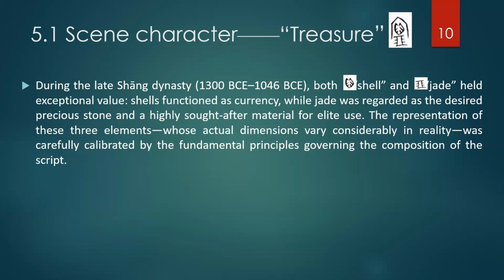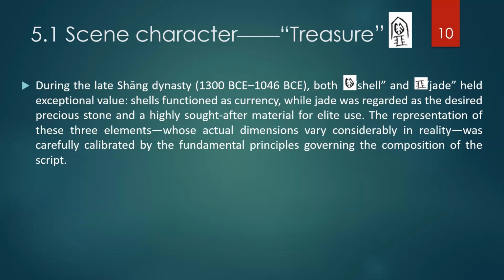However, in this case, we witness more than calibration. The character is also sensitive to the spatial arrangement. The sign house is always positioned above, while the other two signs, shell and jade, are always below and inside.